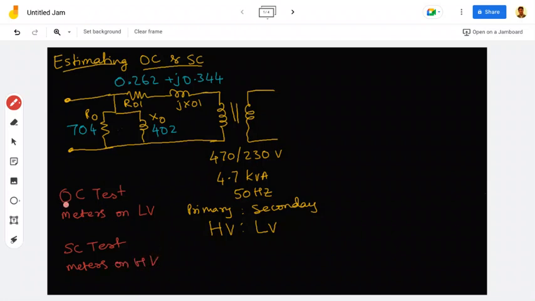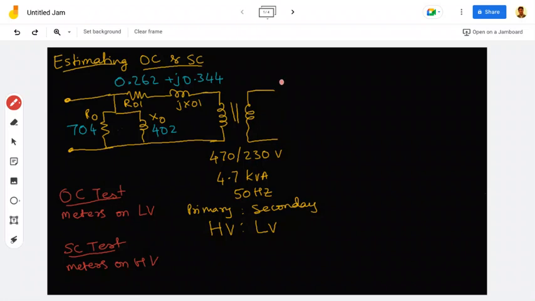That means in the open circuit test, meters will be on the LV side and the HV side will be open circuited. In the SC test, meters will be on the HV side and the LV side will be short circuited. Anyway, here primary secondary terminology we need not worry about. You only worry about which side is the HV and which side is the LV, and based on that you have to do the test.